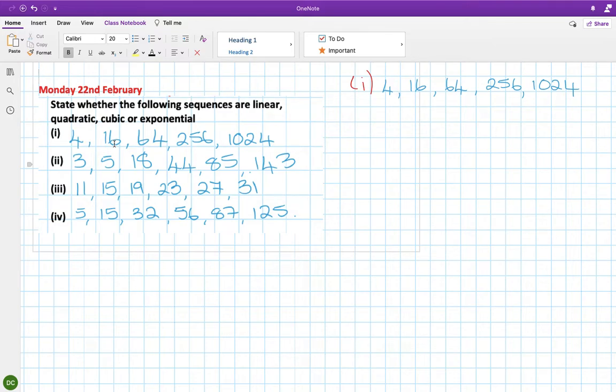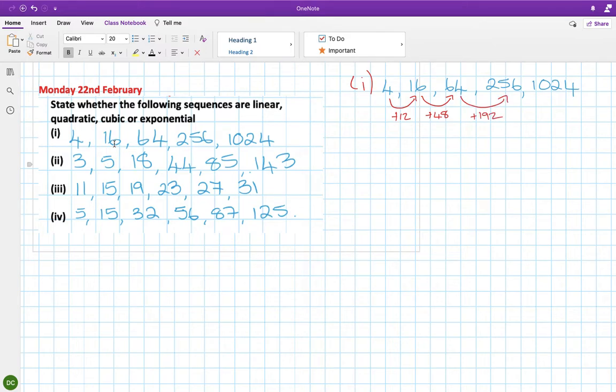Okay, so I'm going to look at the first difference because I want to check if this sequence is linear. To get from 4 to 16, that's plus 12. So I'm doing 64 minus 16, and that means it's a jump of 48 to get from 16 to 64. I'm going to do 256 minus 64, so that is plus 192.